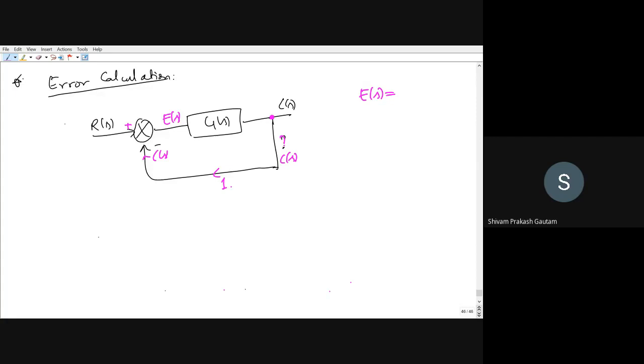We have solved this using block diagram, right? See the summing block. What is the input signal coming to both the ports? There are 2 inputs. One is R(s), one is C(s). So what will be the error? Error is the output of the summing block. So what will be the error?